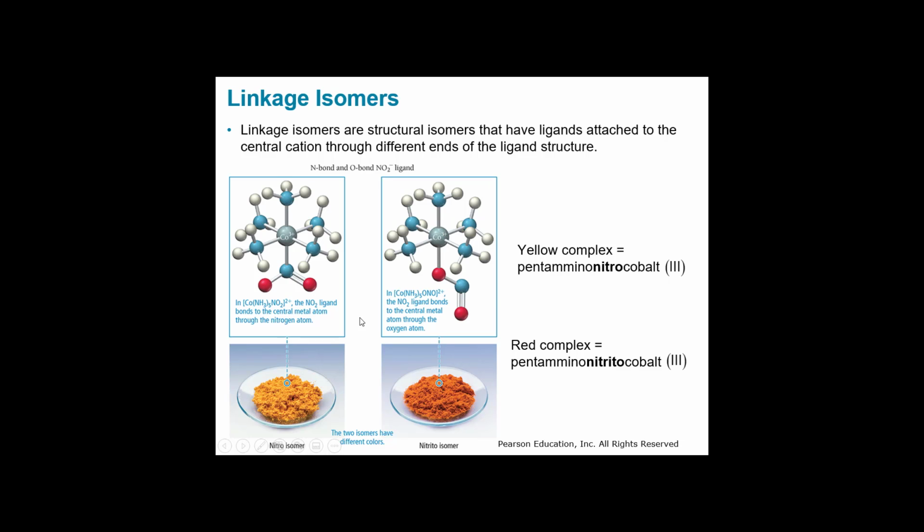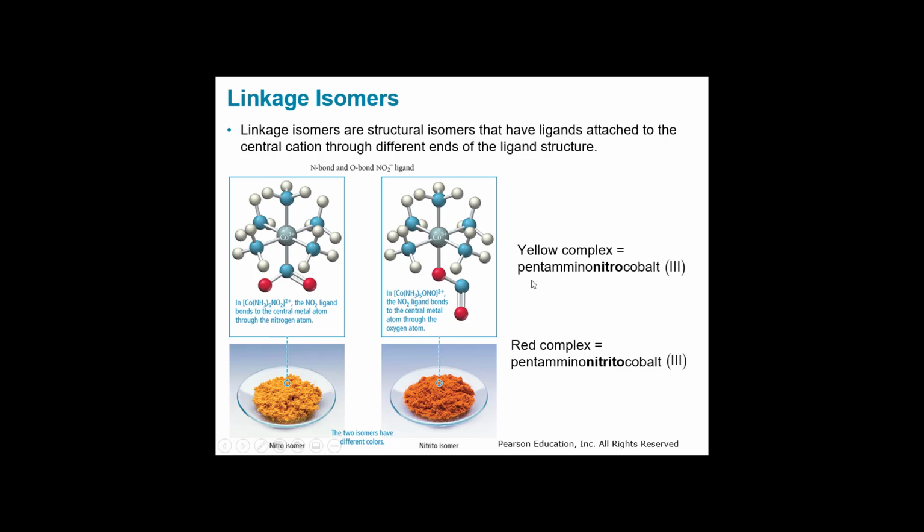And how it is bonded. So here, if we look at this cobalt complex, we have an NO2 minus ligand, and if it is bonded through the N bond, it's a certain way, and if it's bonded through the O bond, it's another way. So if we look at this one here, the NO2 ligand bonds to the central metal through the nitrogen.